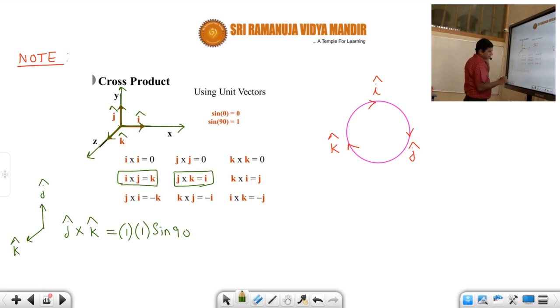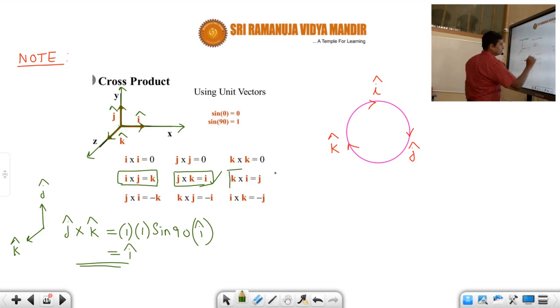So j cap cross k cap: if you place your right hand in the direction of j and turn towards the z-axis like this, then your thumb will be towards which side, students? Positive x-axis. And what is the unit vector along the positive x-axis? i cap. So therefore 1 into i cap, that is i cap, students. I hope you got this one.